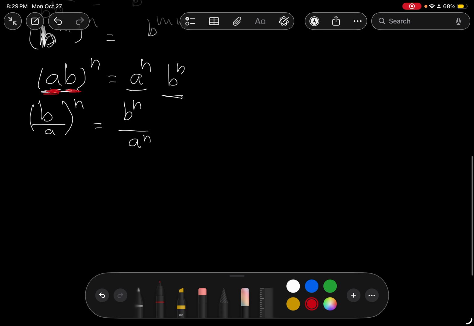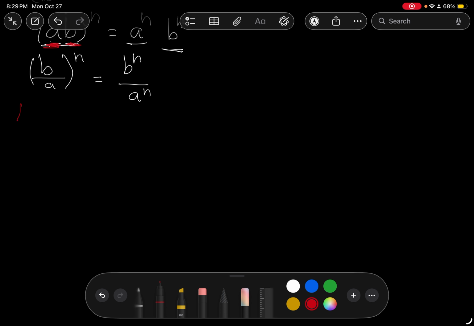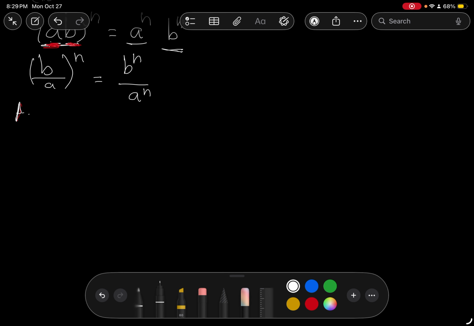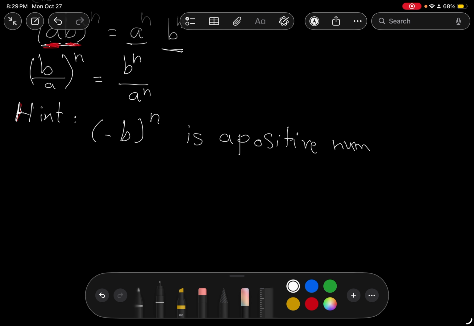We have a hint. It is so important. Be aware that if n is an even number, then negative b to the nth power is a positive number. This is the first.